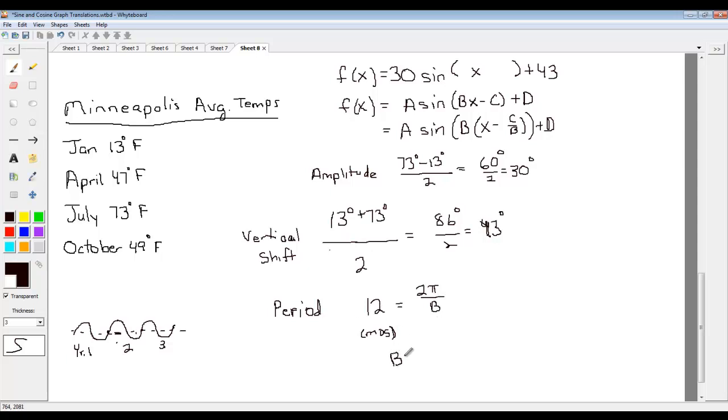So b has to equal 2 pi over 12, or pi over 6. So we put pi over 6 right here. And then that finally leaves us with c over b. Trying to figure out what that's going to be.